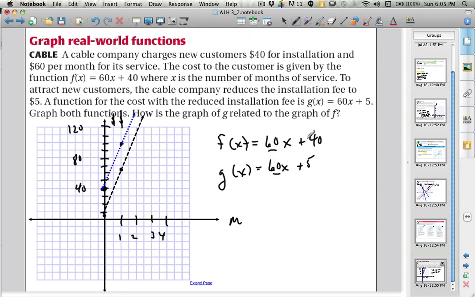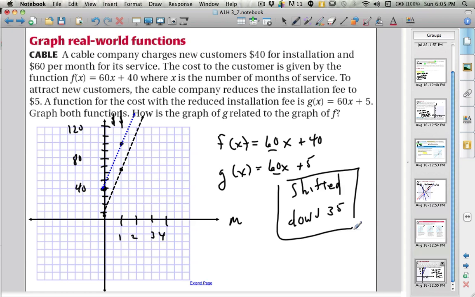So we have parallel lines. It's just that the g graph is related to f by being shifted down by how much? 35. Okay, that's the relationship here. And that's the final section for this chapter.